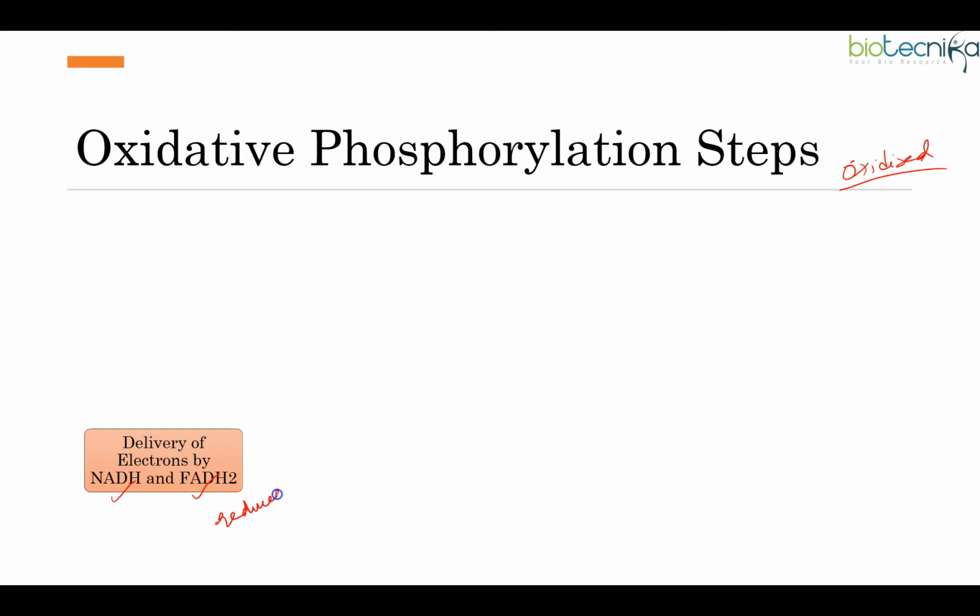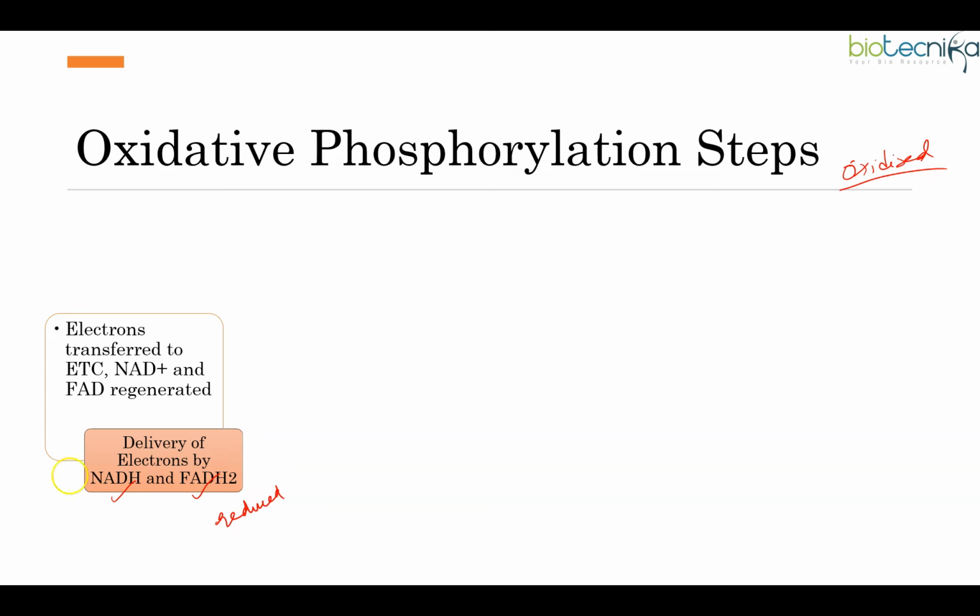So what you are seeing here, NADH and FADH2, these are the reduced forms since they have the electrons in them. These electrons will now be delivered to the electron transport chain, which consists of a series of complexes present in the mitochondrial membrane, which will be taking the electrons from the NADH and FADH2.